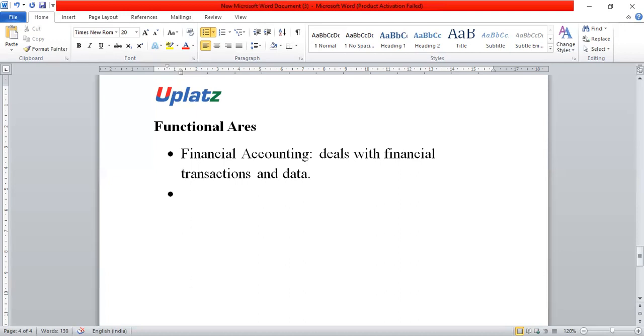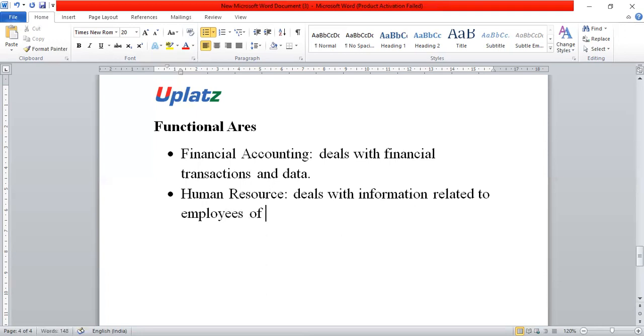Next functional area is human resource. This human resource deals with information related to employees of an organization.